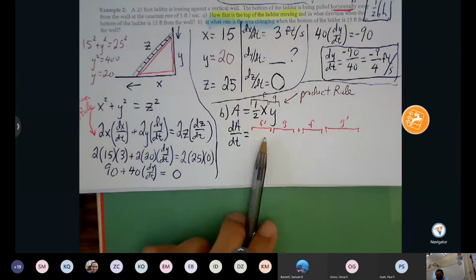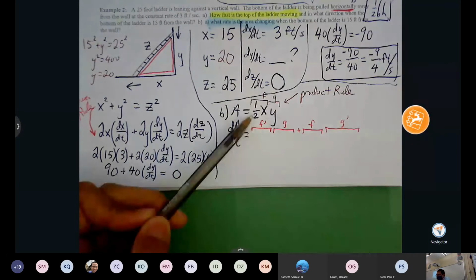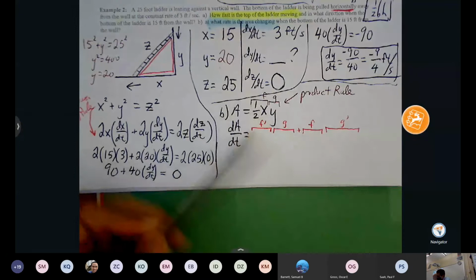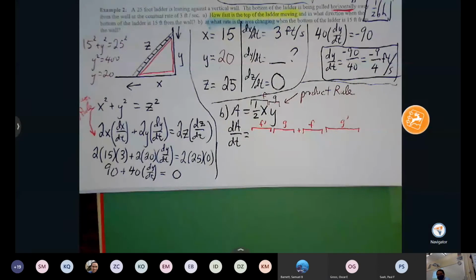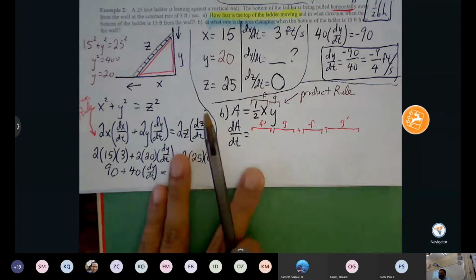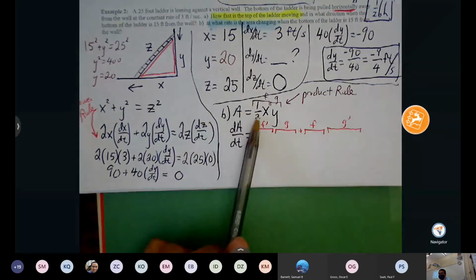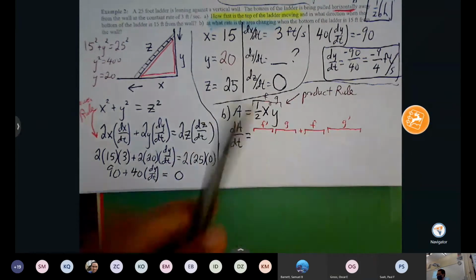What's f prime going to be? What's the derivative of 1/2 x? Yep, it is just 1/2, but remember time is still involved, right? So we still need to include what? dx dt. Good, yeah.